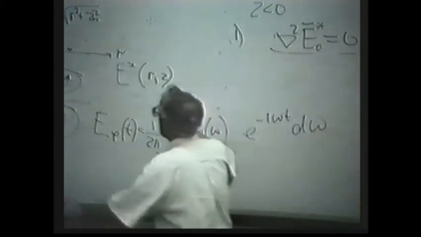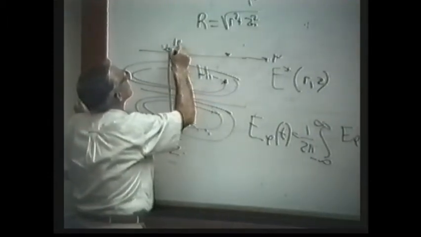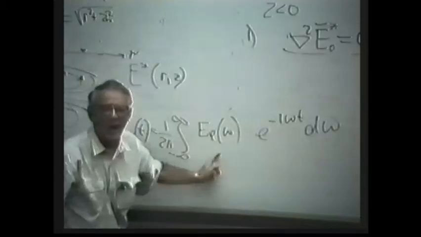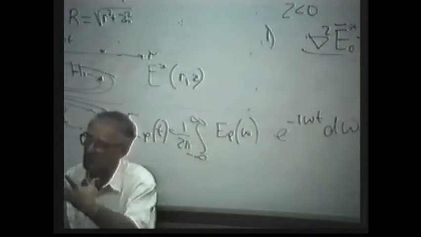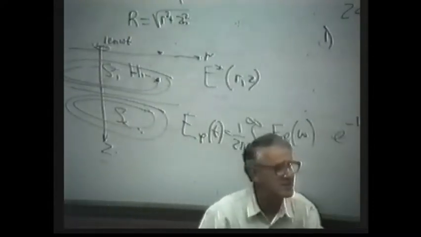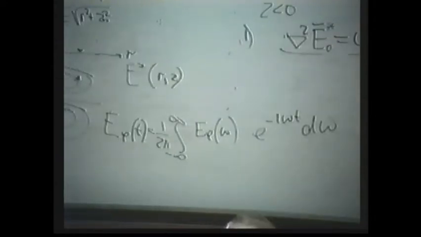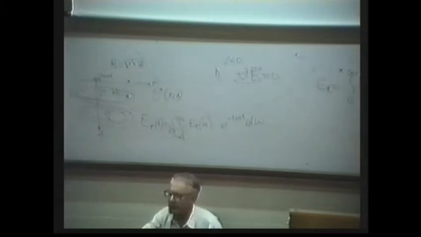So, if my generator gives unit cosine omega t, that is the output. That's the solution of the forward problem in the frequency domain. But we would like to get results due to a step function, or with ramp time, or due to an impulse.